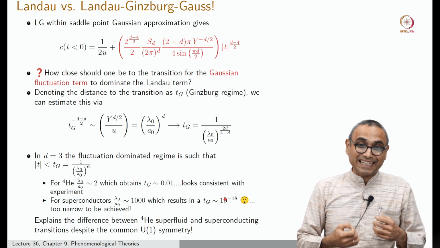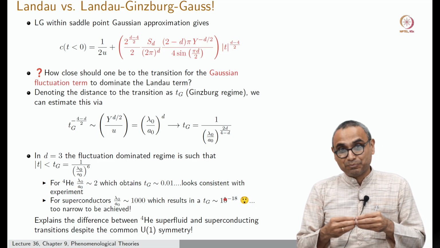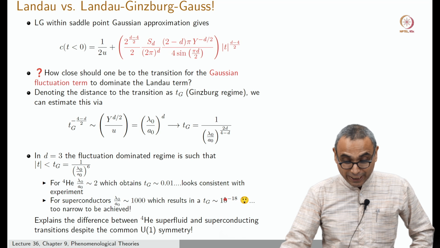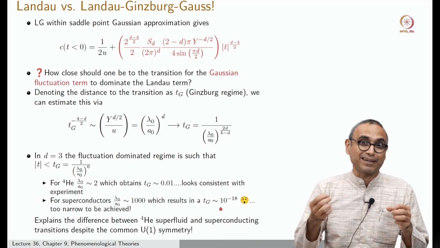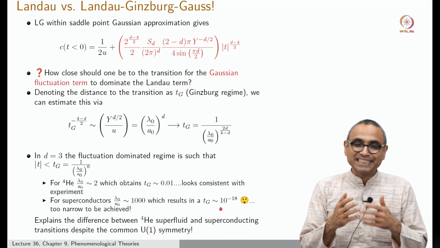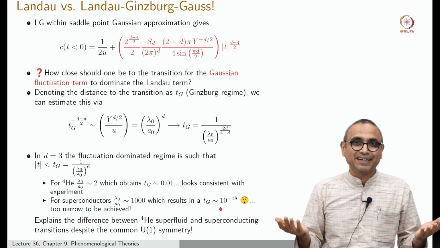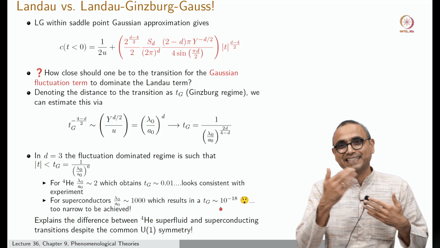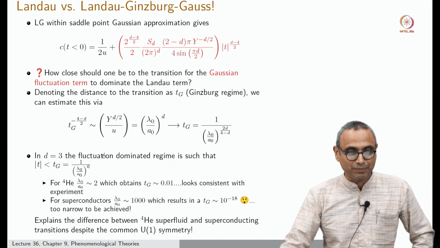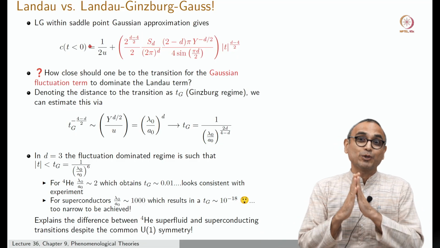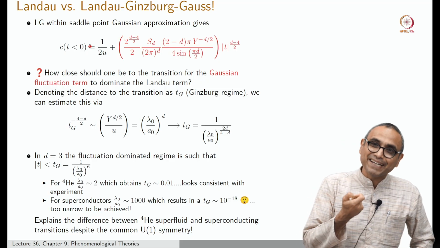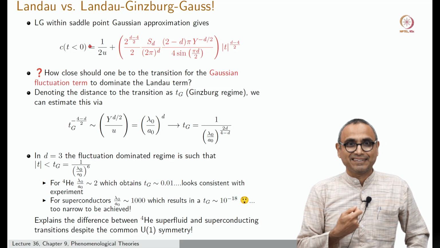That means that to see the fluctuation dominated specific heat, you have to be within 10 to the minus 18 of the transition point, which is impossible to observe. And this is why within the experiment you will only see the Landau part, because for the fluctuation part to come into play, you have to be very close to the critical point.